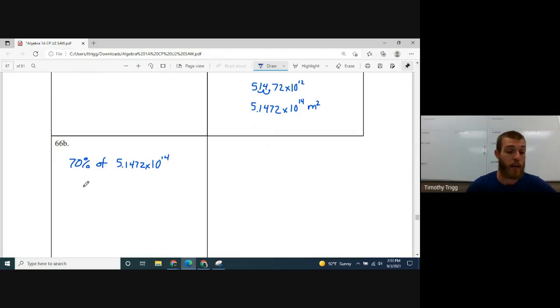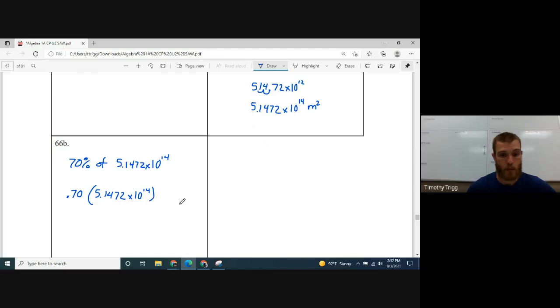All right, so remember how to find a percentage of a number? We simply change the percentage to a decimal by moving the decimal twice to the left. So that's 0.70 of, we could change that to multiplication, so times 5.1472 times 10 to the 14th.